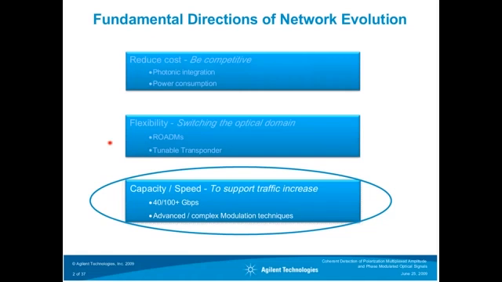But today's topic is in this area, so it's all about capacity and speed, how we really can support the increase in traffic we are seeing in the networks, and traffic is still growing, especially at 40 and 100 gigabit per second transmission speed. People are talking about advanced and complex modulation techniques, and polarization multiplexing is one means to increase the efficiency of transmission of digital information.